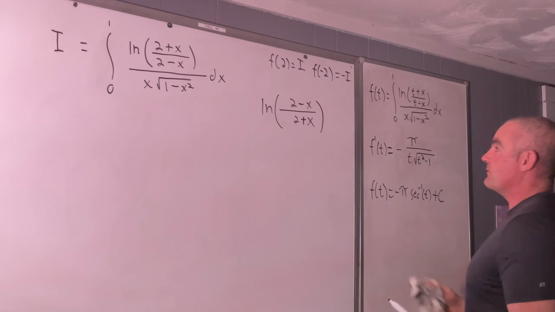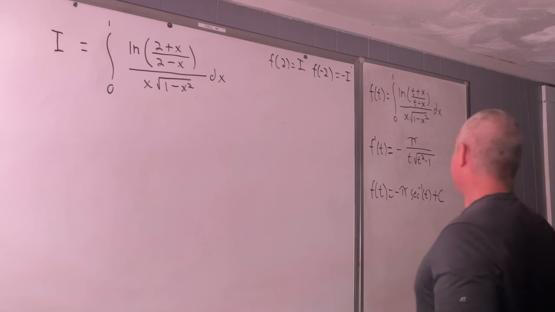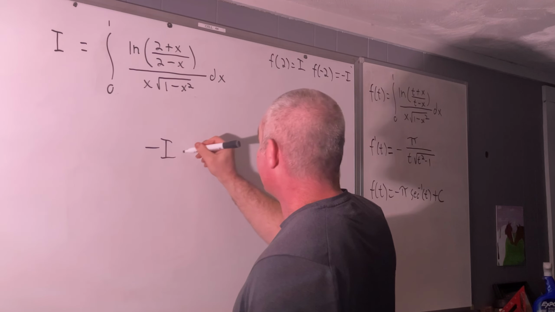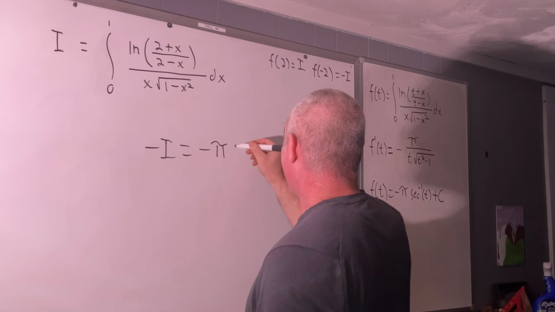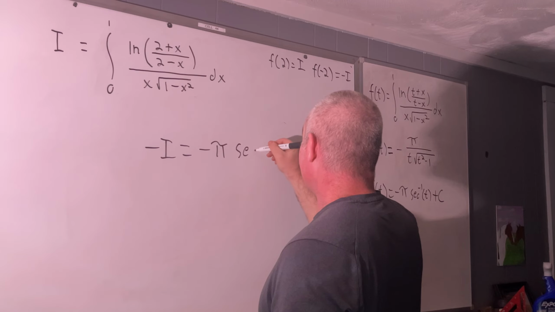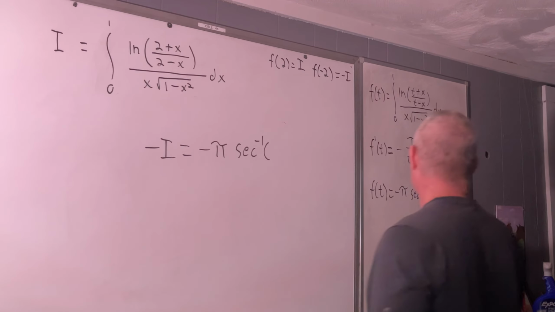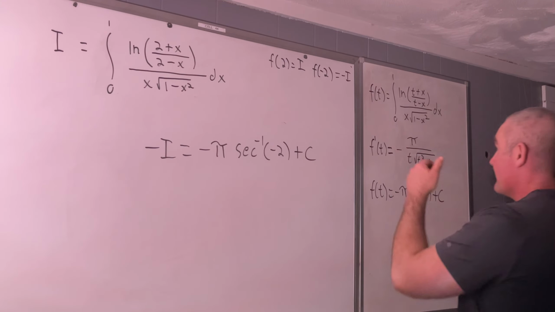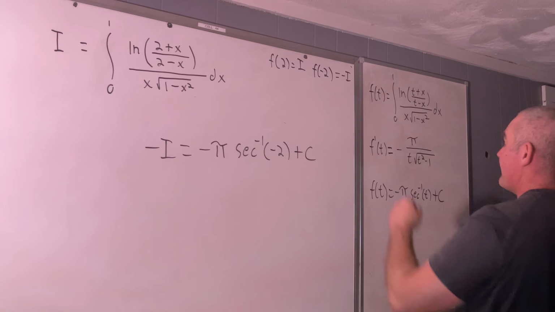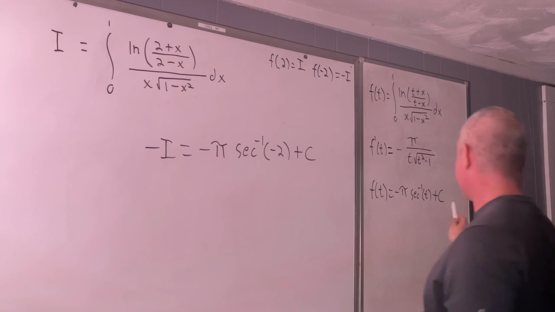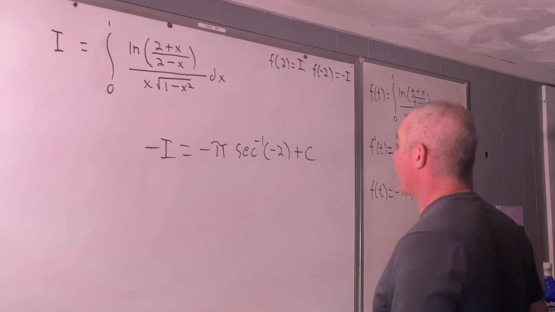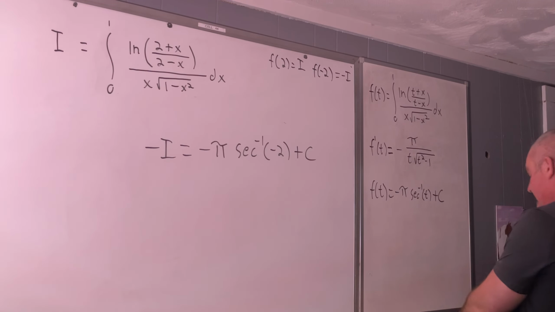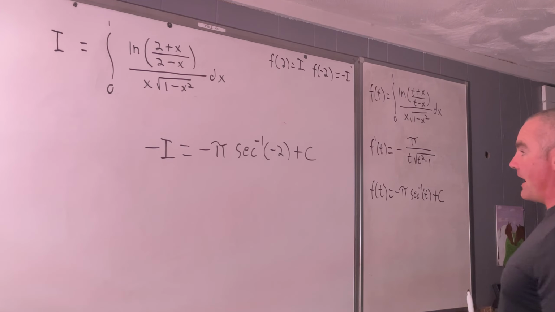All right, and we can use that. Because that means that negative I is equal to negative pi times secant inverse of negative 2 plus c, right? Negative 2, f at negative 2, that's this evaluated at negative 2 is equal to negative I. All right, what is secant inverse of negative 2? That is 2 pi over 3.